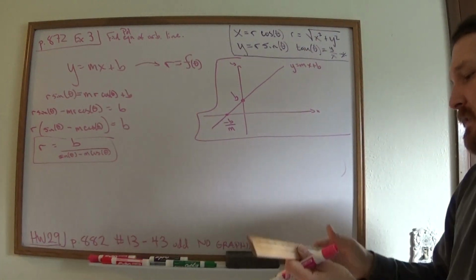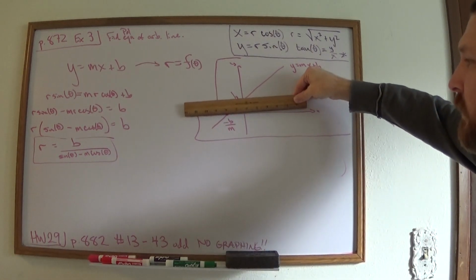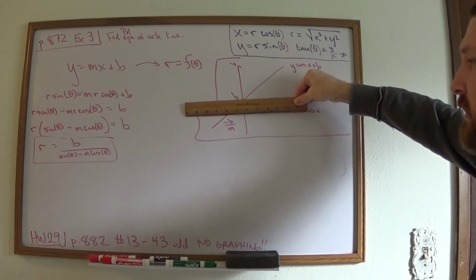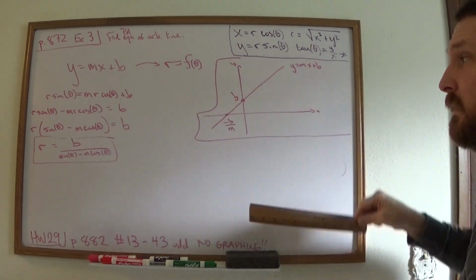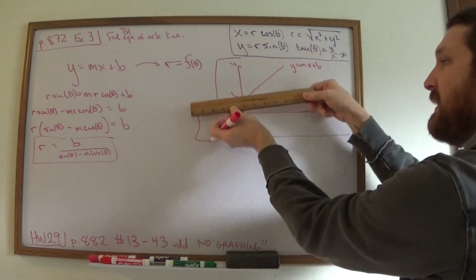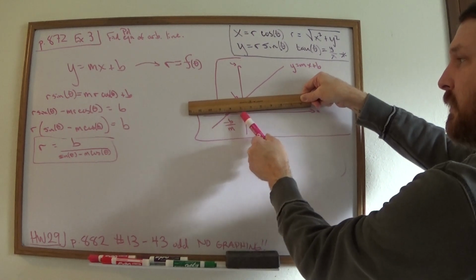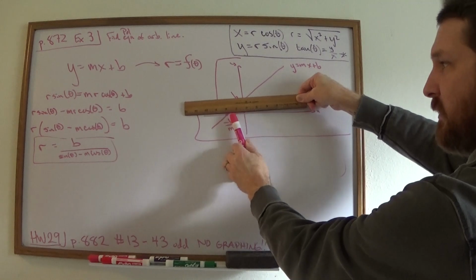So let's think about it this way. When theta is equal to 0, what should the radius be? Remember, the radius is just the distance from the origin. So how far away is this point from the origin?